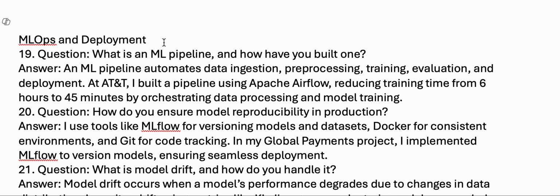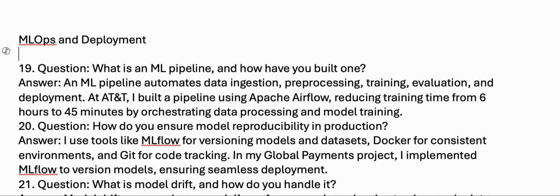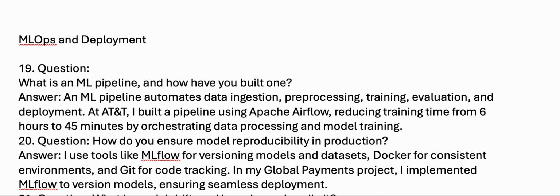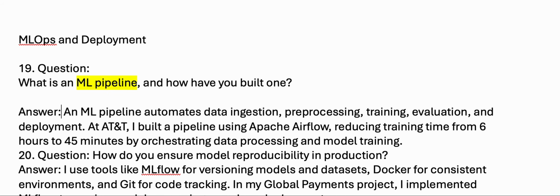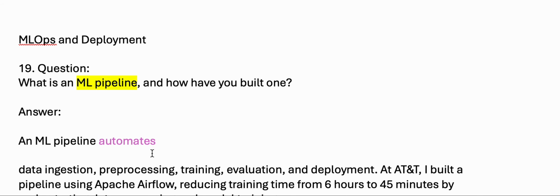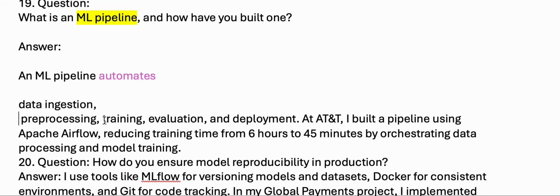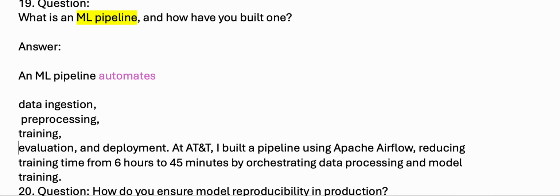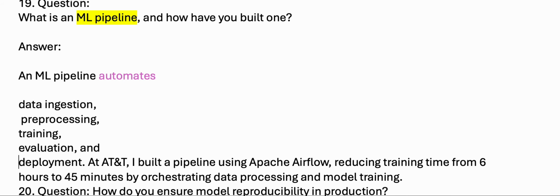Okay, next look at the other set of questions. In the topic of ML ops and deployment, if we get a question of what is an ML pipeline and how you built one, the answer should be basically an ML pipeline automates data ingestion, pre-processing, training, evaluation and deployment.